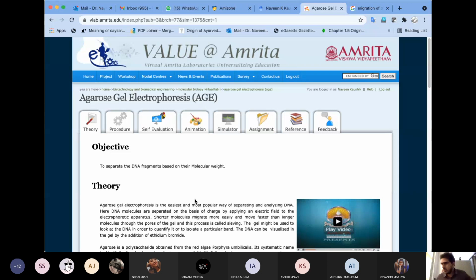All of you have studied these terms in your previous semester, so please recall them, because these may become part of your exam also, since all of these things are related to your experiment.